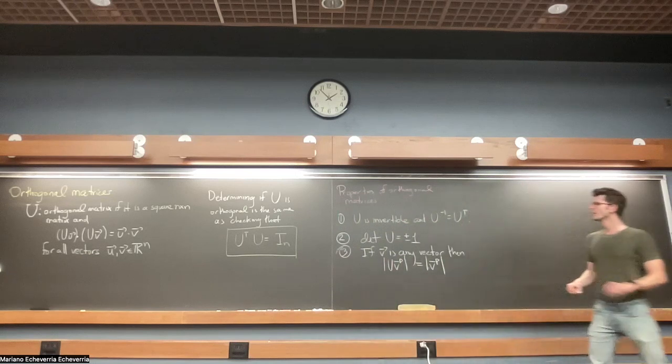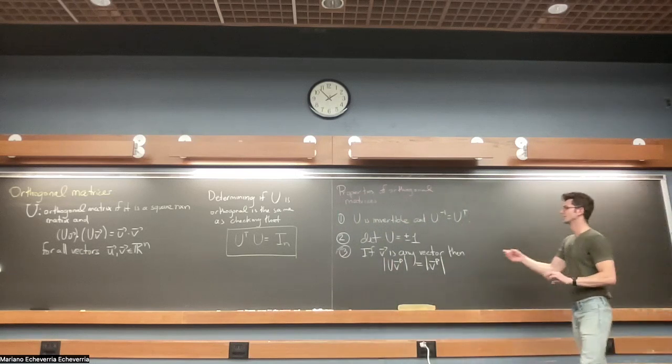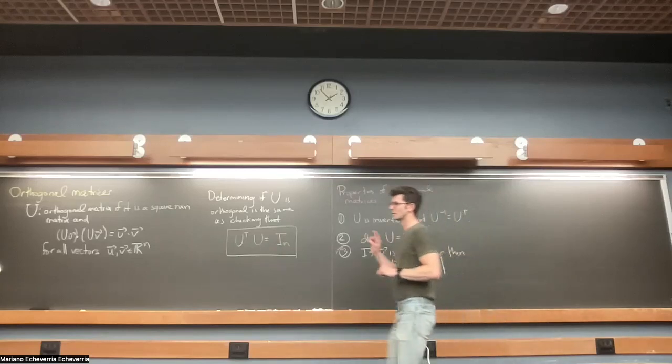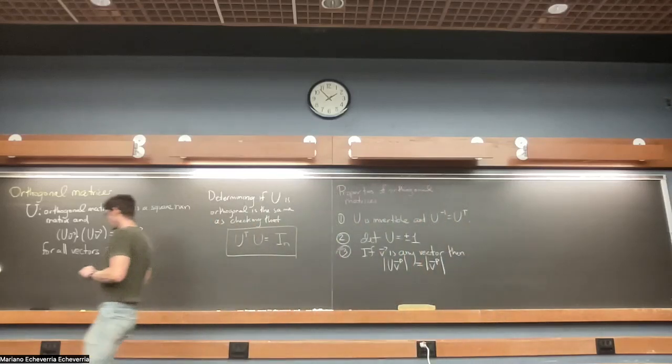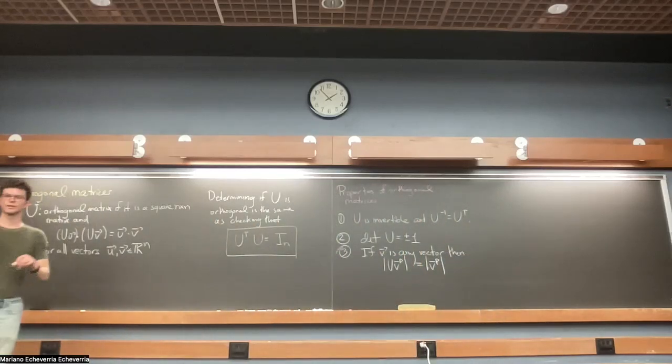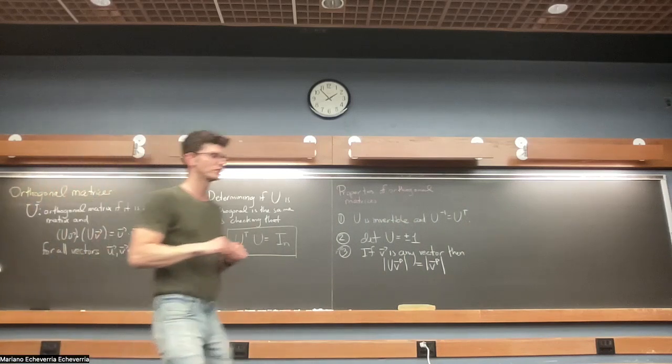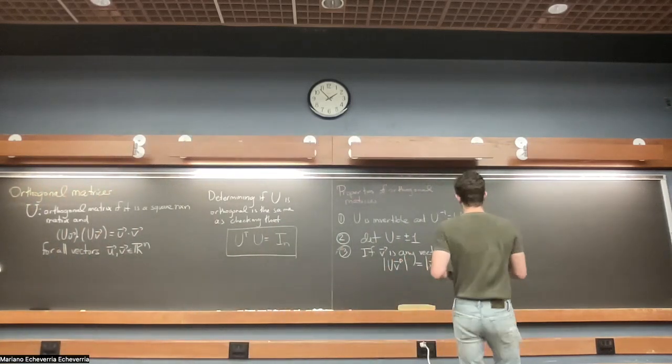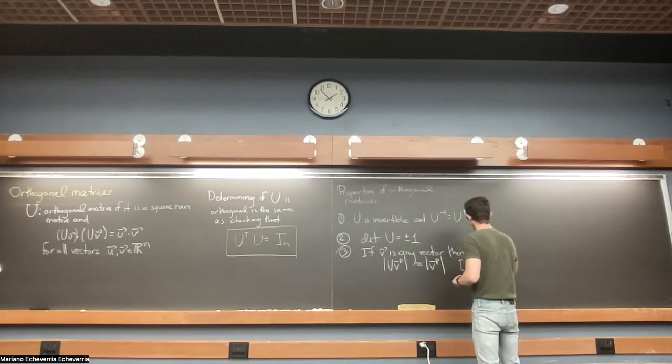That means that when you multiply a vector by the matrix U, the length of that vector does not change. So one way to say this is that U preserves length.